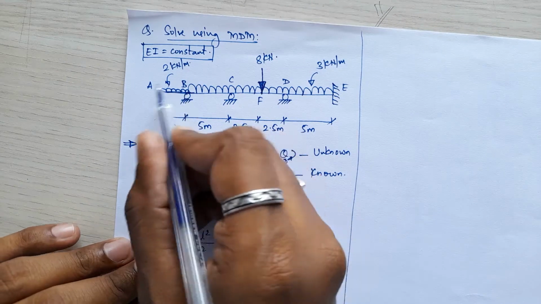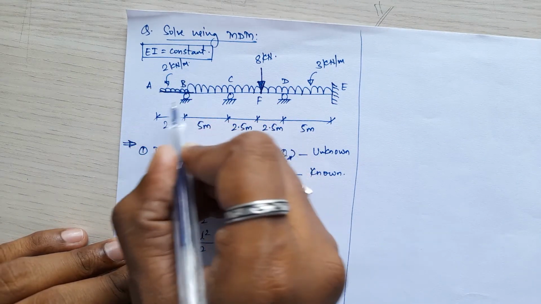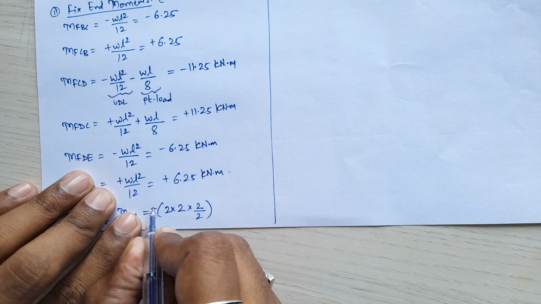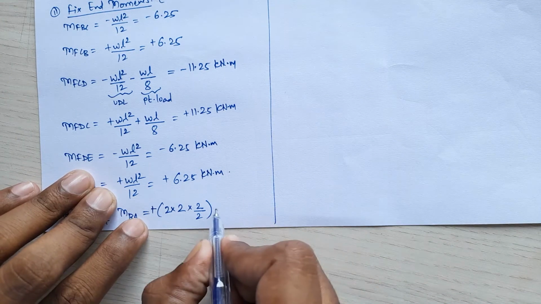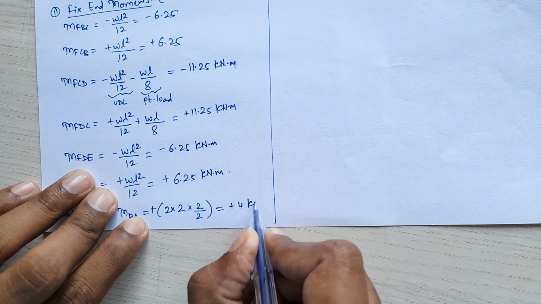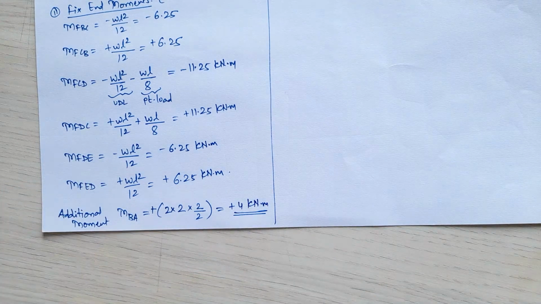This will introduce a moment of anti-clockwise nature on B. Its restoring moment will be clockwise in nature, so that comes here positive. So this comes equal to 2 into 2 into 1, that comes here equal to plus 4 kilonewton meter. That will be your additional moment for BA.